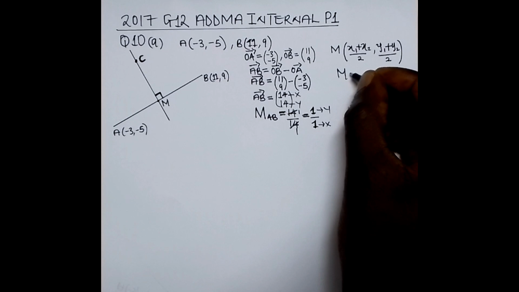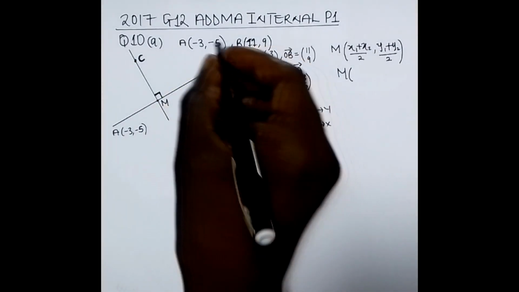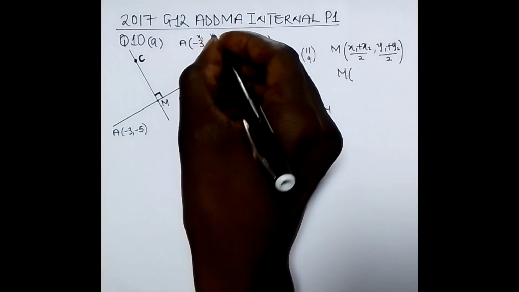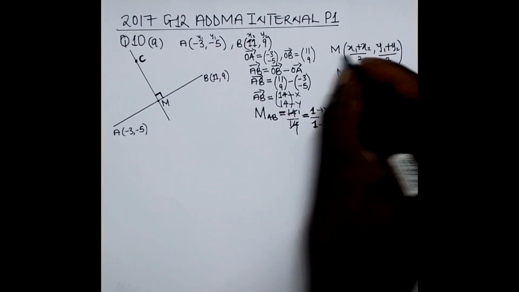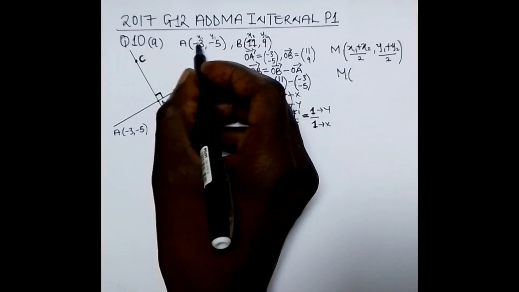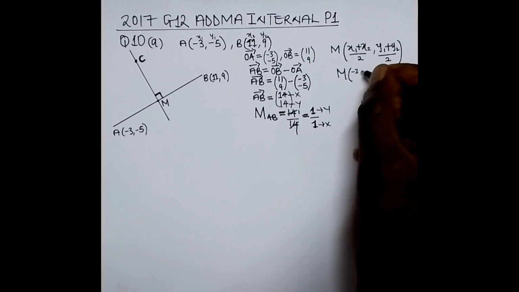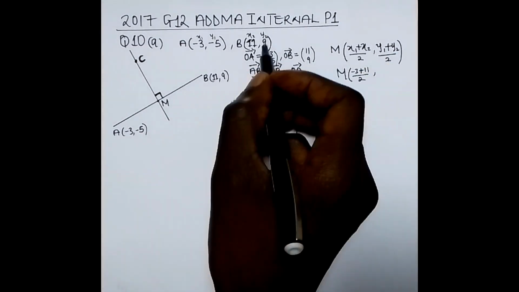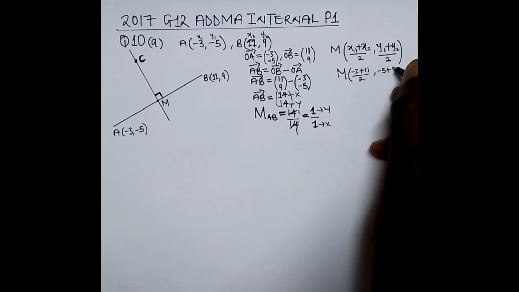Then M. So we can give the denotations for these points. This one we're going to say x1, y1, then this x2, then this y2. So x2 and x1 will add, so meaning negative 3 plus 11, so this over 2, comma, 9 and negative 5 will add, so negative 5 plus 9 over 2.